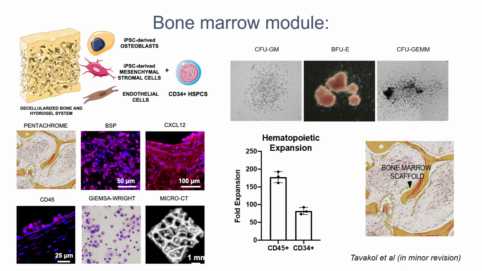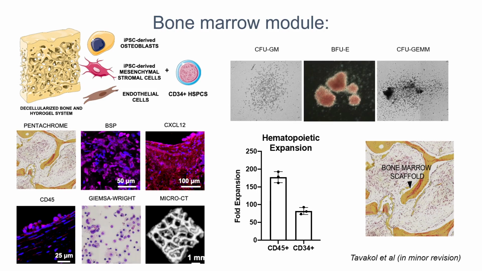After several weeks of cultivation, we can show that this bone marrow benchmarks very favorably against its native counterpart, normal, healthy human bone marrow. You see some stains here. These are the stains that you are supposed to see. You see also Giemsa-Wright stain for the blood cells that this bone marrow is generating.